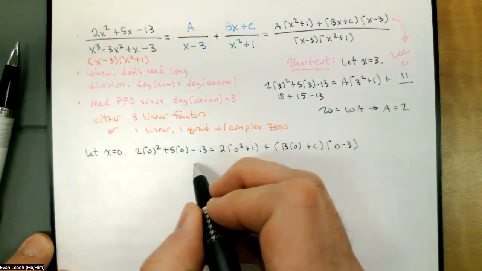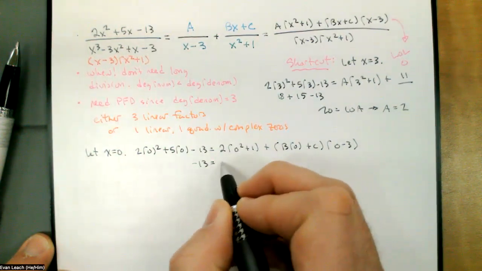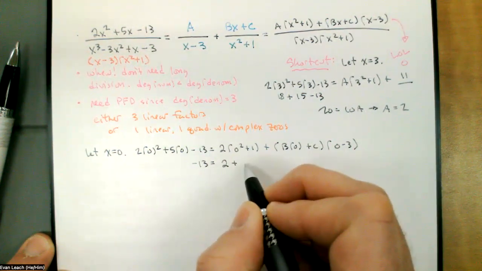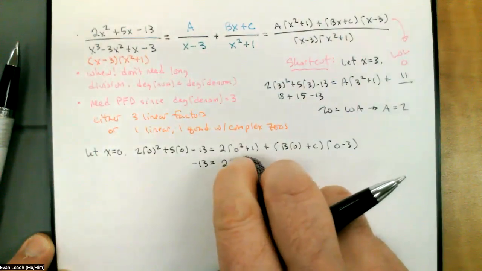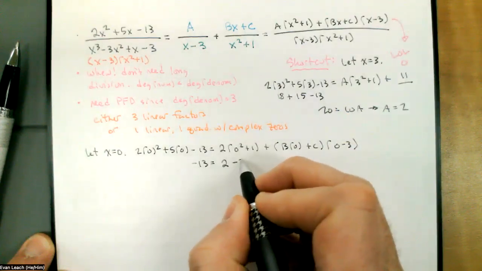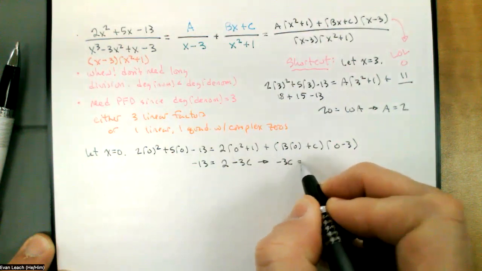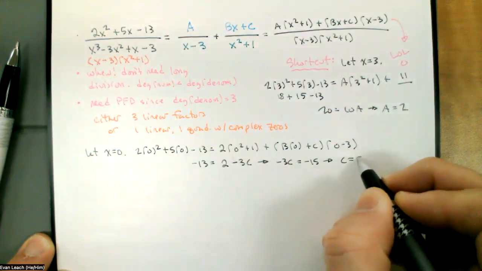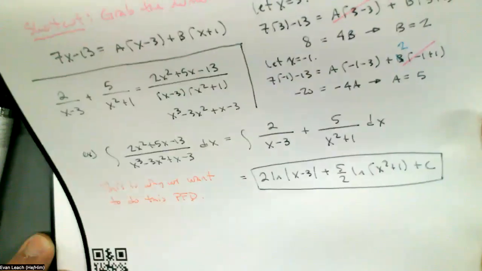So over here, we get negative 13. Here's going to be 2 plus, let's see, negative 3c. So negative 3c is equal to negative 15. C is equal to 5. We knew that was headed this way.